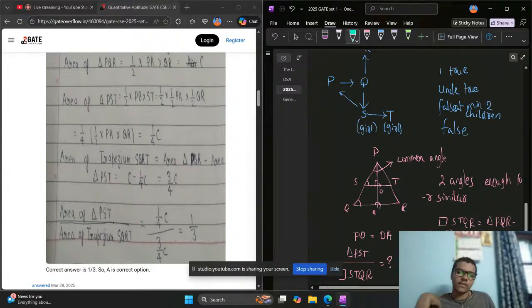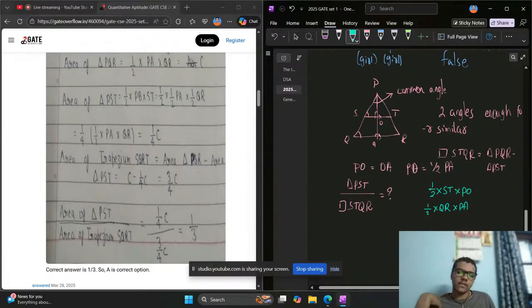Since we are asking the ratios anyway, we know PO is equal to half of PA. So this is 1 by 4 of ST. No. This is 1 by 2 into ST into PO, and PO is half of PA.